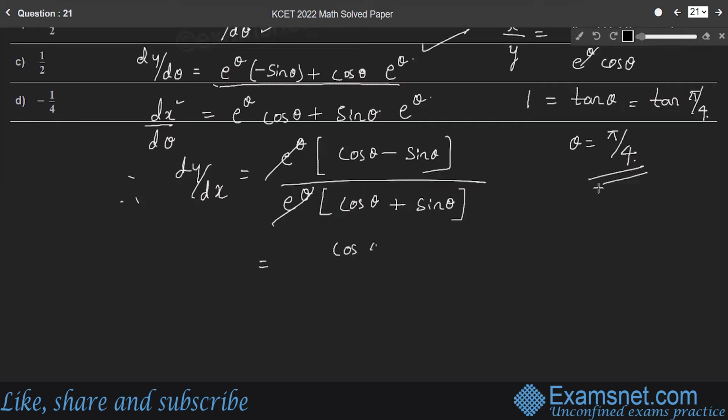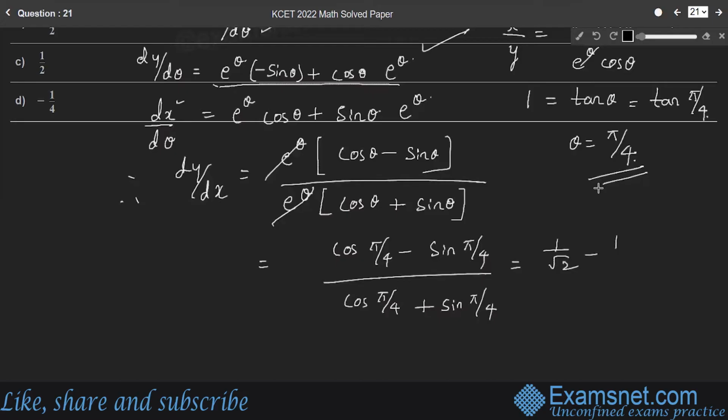So we have cos pi by 4 minus sin pi by 4 divided by cos pi by 4 plus sin pi by 4. Cos pi by 4 is 1 by root 2, minus sin pi by 4 is also 1 by root 2, divided by cos pi by 4 plus sin pi by 4, so 1 by root 2 plus 1 by root 2. So we have 0 in the numerator. Therefore, the whole value becomes 0.